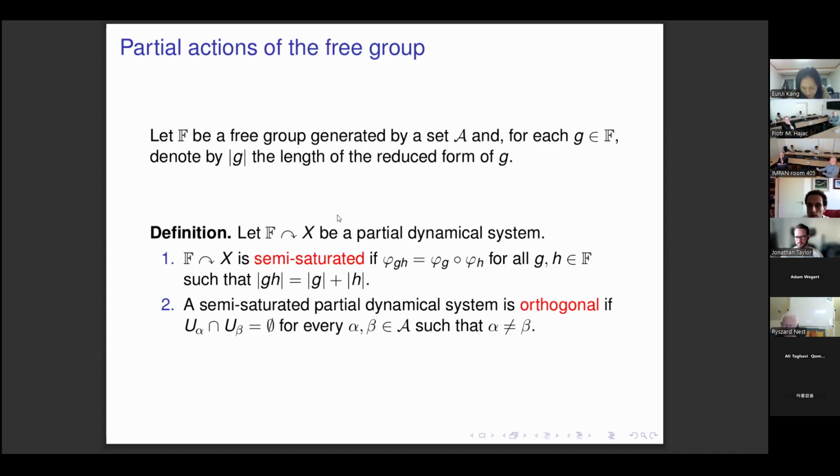So essentially, you have the union of U alphas plus the complement, where nothing happens. On this union of U alphas, you have a bijection from A to A, from the set of symbols to the set of symbols. And that's your structure, right?